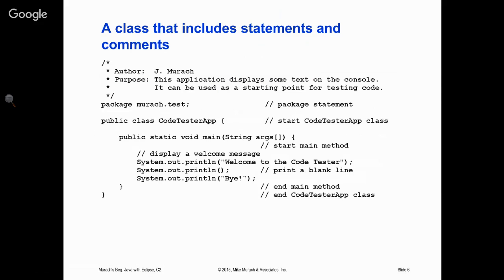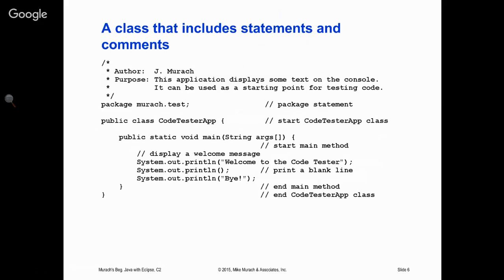Comments. Here's a multi-line comment. Everything between here and here is a comment. What does Java do with it? Nothing, it ignores them. Why do we need to have comments?